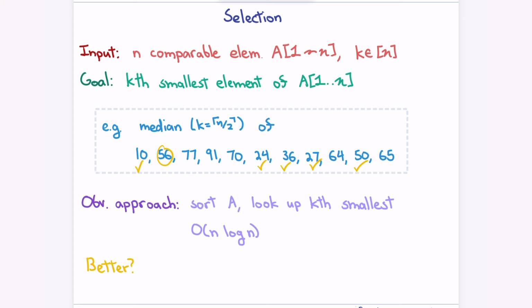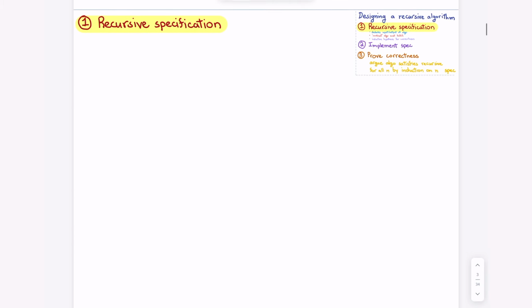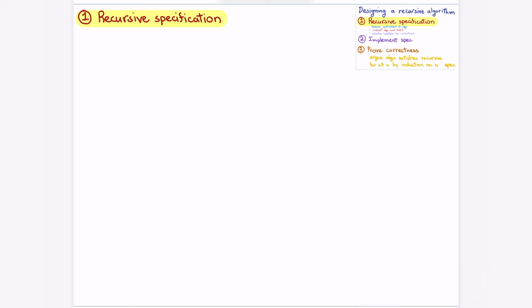Okay, so how are we going to do this? Well, I guess we'll do a recursive algorithm. So I'm going to force us to state some kind of recursive spec. If I want to design a recursive algorithm, I just want to write a sentence that states the input, the output, etc. Sure. So just give me one.